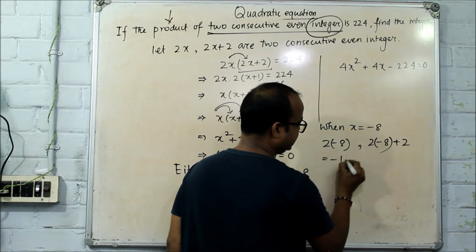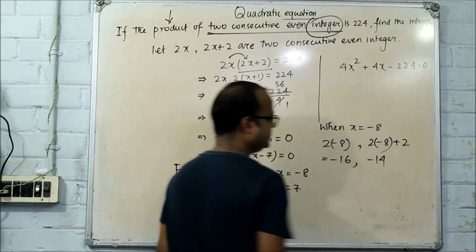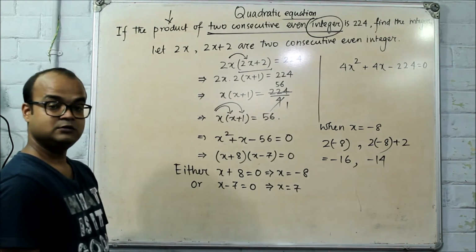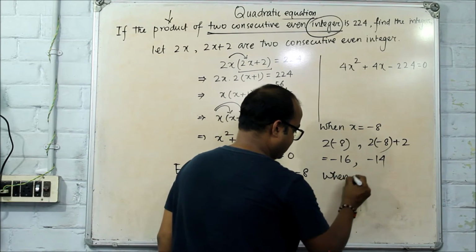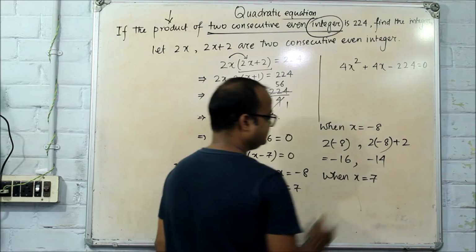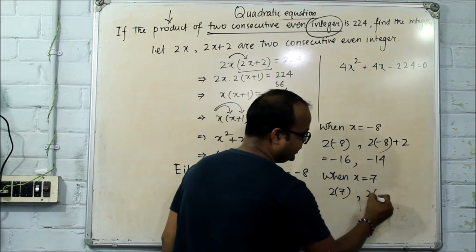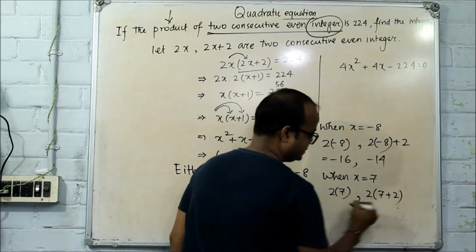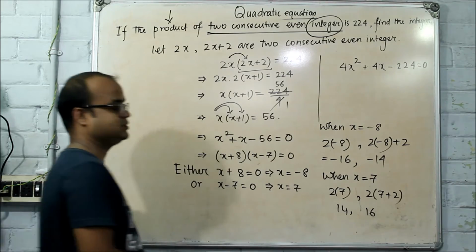This is equal to minus 16, minus 16 plus 2, minus 14. And when x is equal to 7, then 2 into 7, comma, 2 into 7 plus 2, that is 14, comma, 16 are our answer.